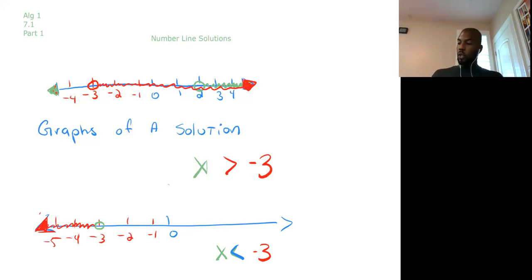All right, so those are solutions where you have a greater than or a less than symbol. Let's talk about what happens when you have an equal symbol with it. So here's what I'm going to graph. It doesn't always have to be x, right? So let's try another number.